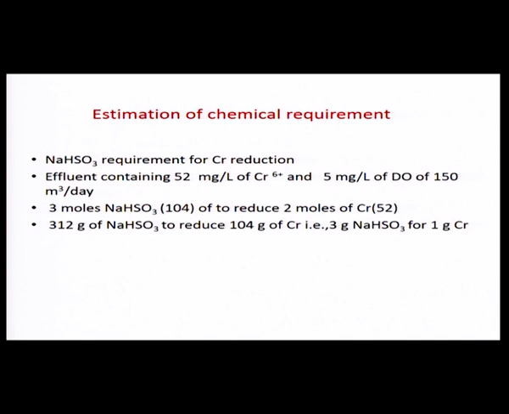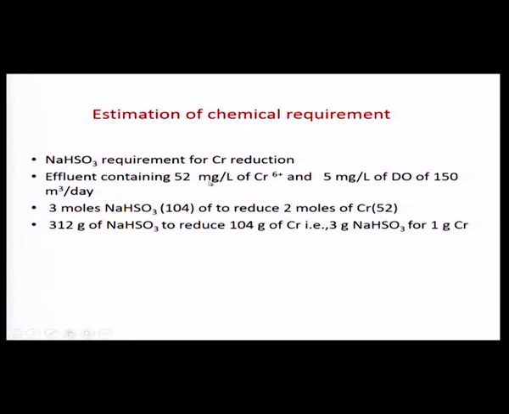Let us work out the chemical requirement, that is sodium metabisulfite, for this chromium reduction with a small example. Let us assume the effluent from an electroplating industry contains 52 milligram per liter of hexavalent chromium, and the dissolved oxygen content of the water is also 5 milligram per liter, and the industry discharges about 150 meter cube per day of effluent.